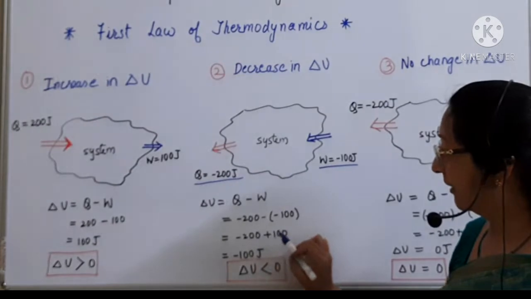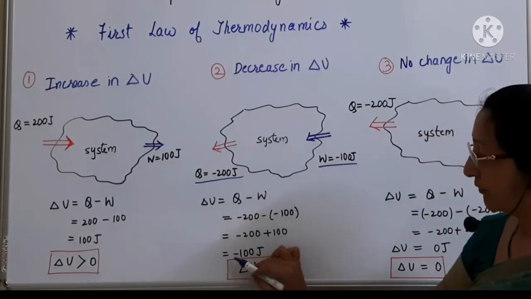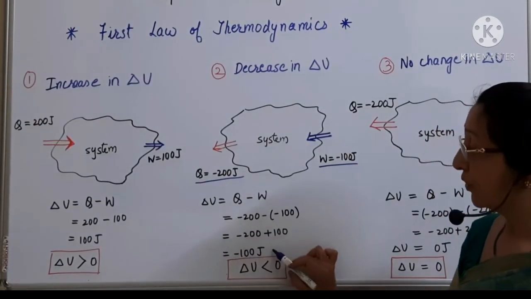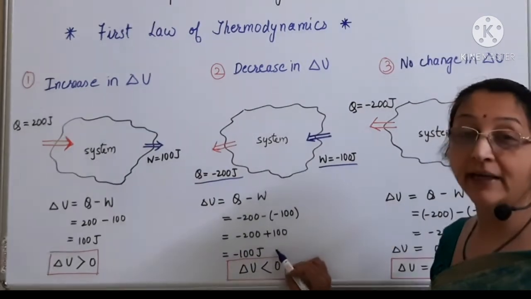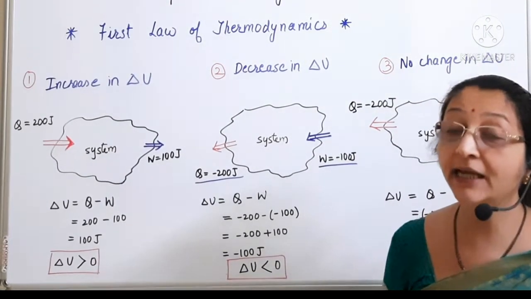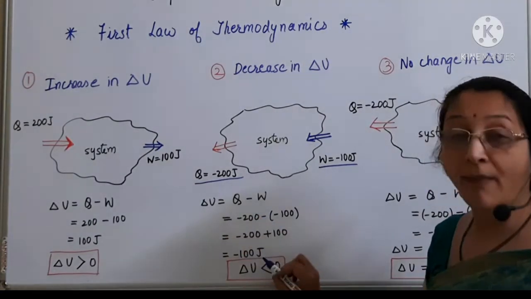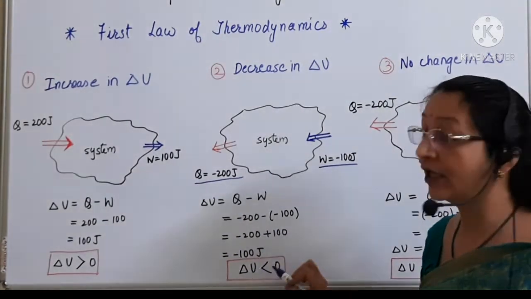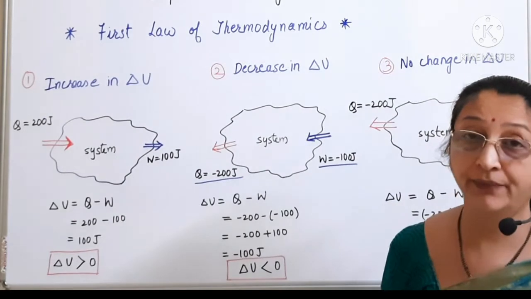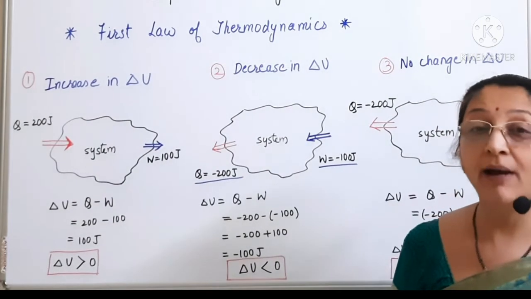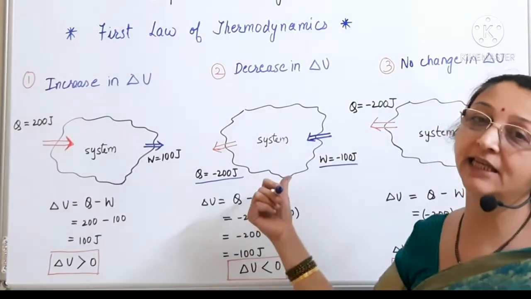So minus 200 plus 100, that is equal to minus 100 joules. So delta U is equal to minus 100 joules. So what has happened here is, the internal energy of the system, delta U, is now minus 100 joules, that is delta U is less than 0. So the internal energy of the system has decreased in this case.